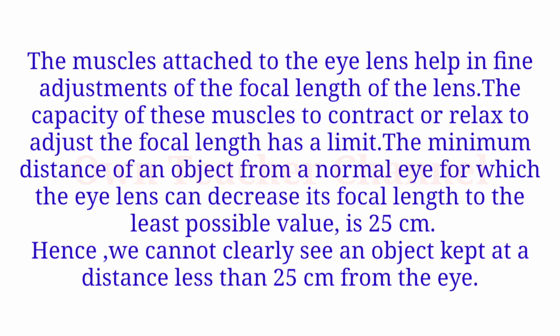The minimum distance of an object from a normal eye for which the eye lens can decrease its focal length to the least possible value is 25 cm. Hence, we cannot clearly see an object kept at a distance less than 25 cm from the eyes.